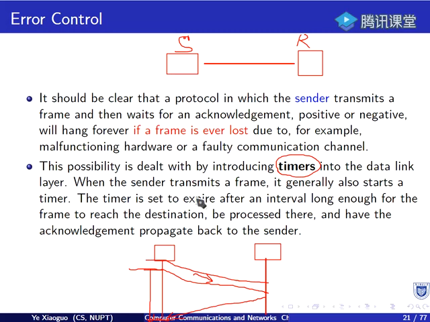So the timer is set to expire after an interval long enough for the frame to reach the destination and be processed, and have the acknowledgement sent back to the sender, long enough for this process. So this is a timeout, T out.